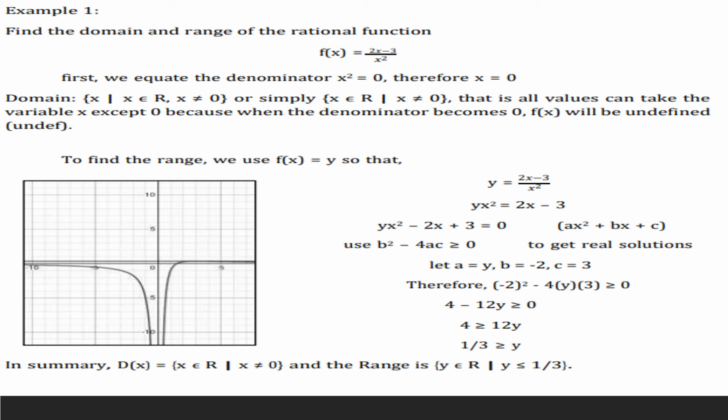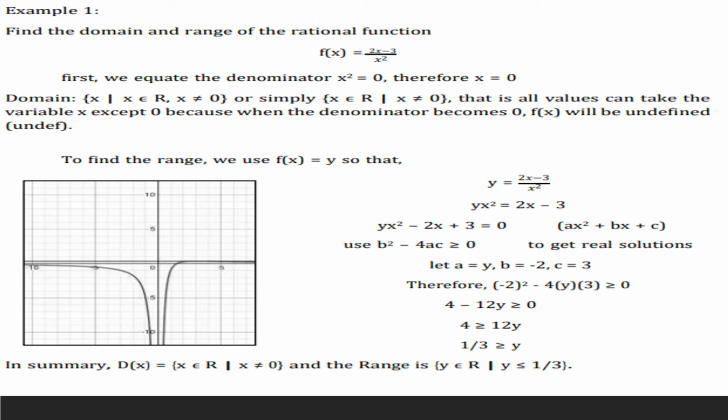So, that will be our domain. Or simply, we can write it this way. X is any element of real numbers such that x is not equal to 0. So that is all values can take the variable x except 0. Because when the denominator becomes 0 again, it will become undefined. Our f of x will become undefined.